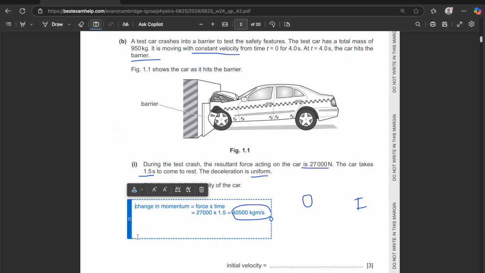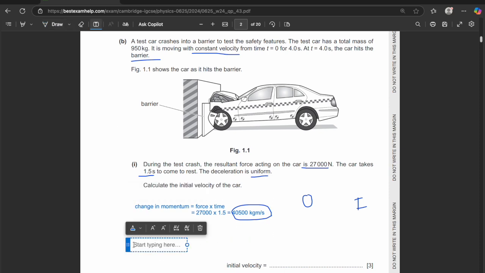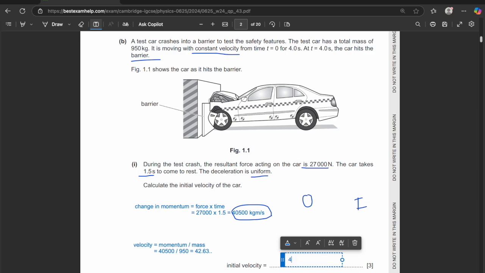So velocity equals momentum divided by mass: 40,500 divided by 950 kilograms, which is equal to 42.63 and so on. You can round that to two significant figures and get 43 meters per second.